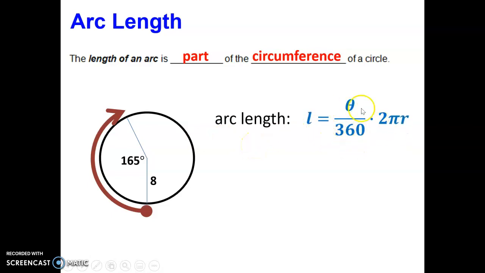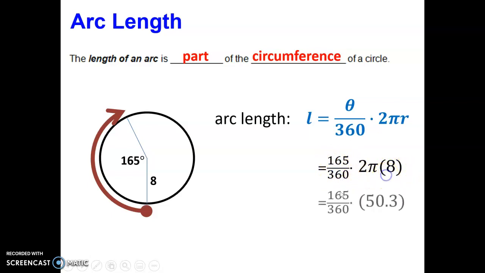We find the portion we have here times the circumference. Let's put in the numbers. We have a portion found by this fraction, 165 degrees out of a possible 360, and then times the circumference, 2 pi times 8. Multiply all that out, and you get an answer of 23. So this arc has a length of 23, whatever units we are using here.